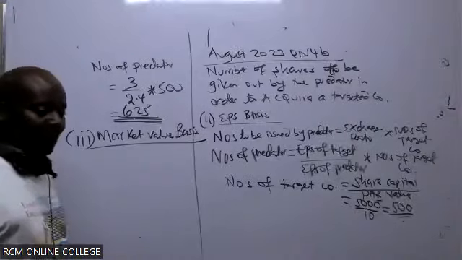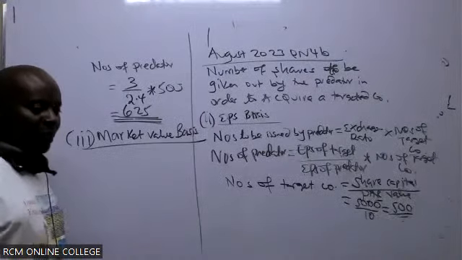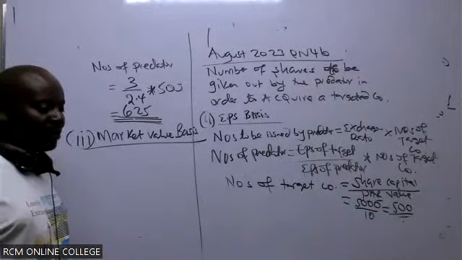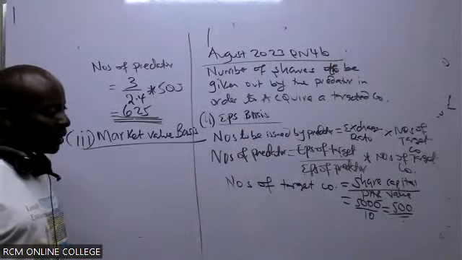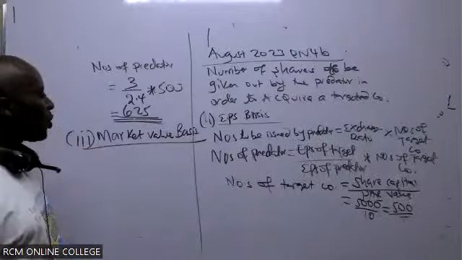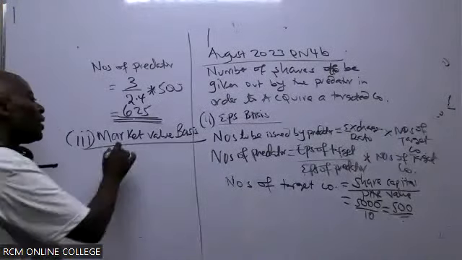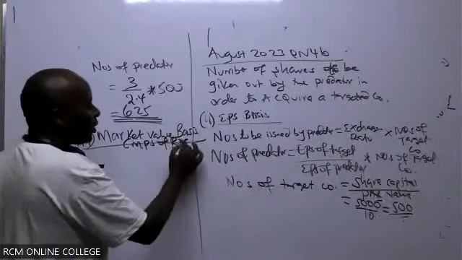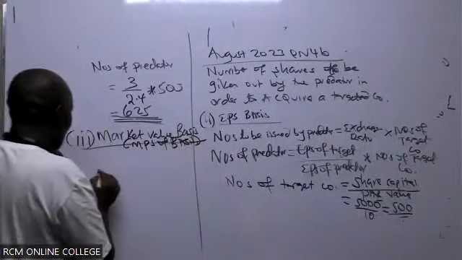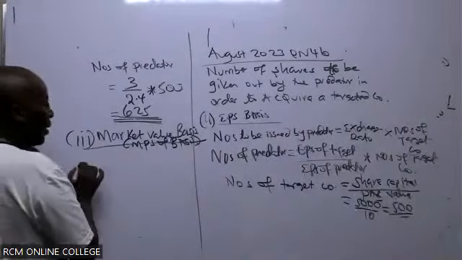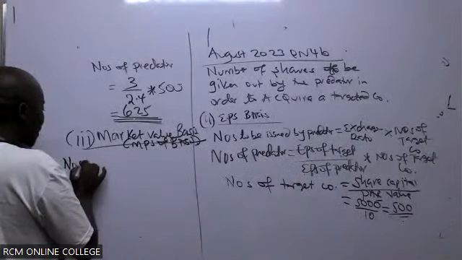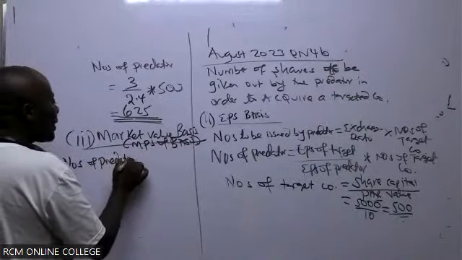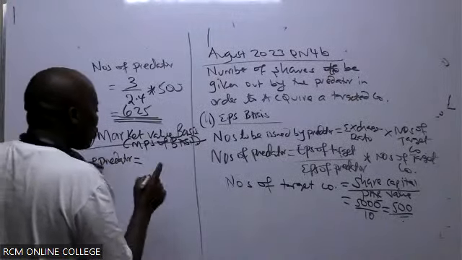So, market value basis. As Nancy is pondering on this, Nancy must have missed a couple of sessions. Market value basis is also known as the MPS basis. So in this case, to get the number of shares of the predator, the exchange ratio will now be on the basis of MPS.